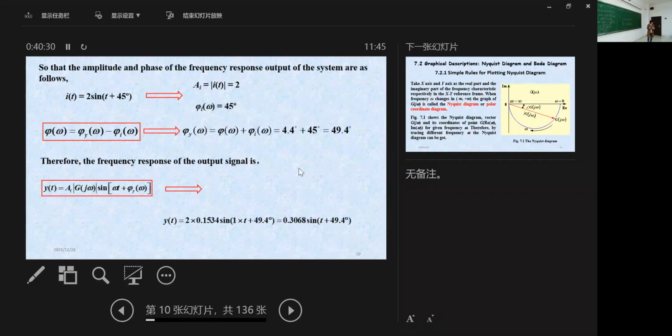Actually, the exam is subjective. Do we have objective choice questions? You mean for the test? Yeah. No, just calculation.